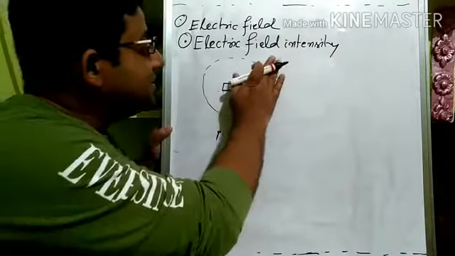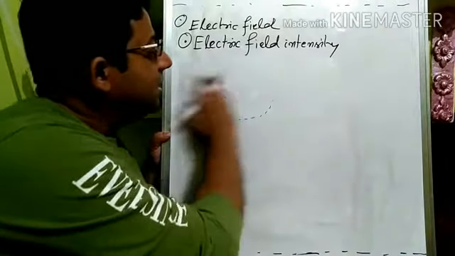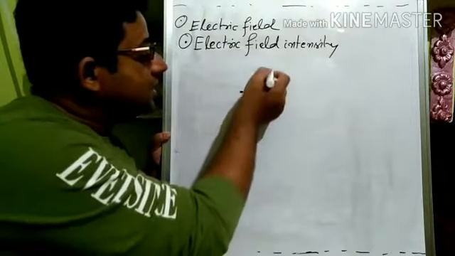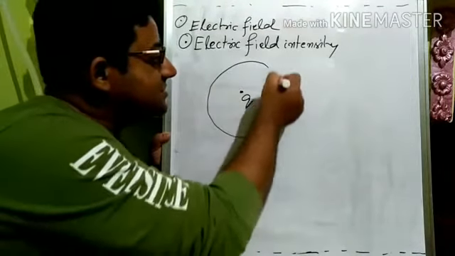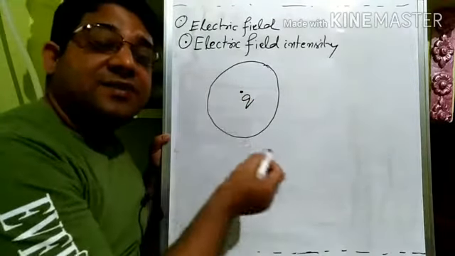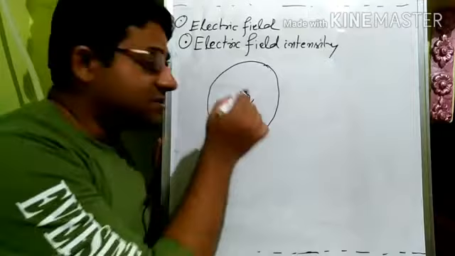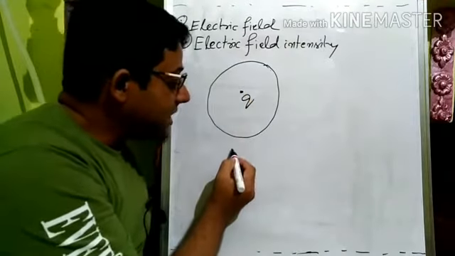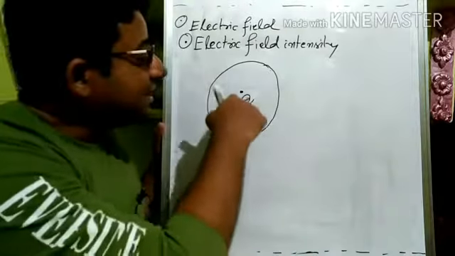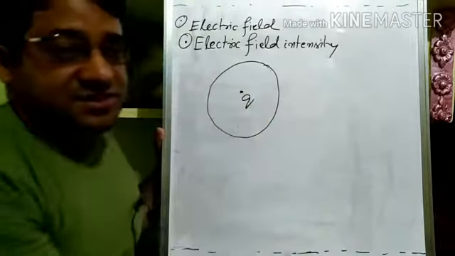Similarly, if there is one static charge q, the space around the charge in which the electrostatic force of attraction or repulsion of the charge is experienced by another charge is called the electrostatic field of this charge.